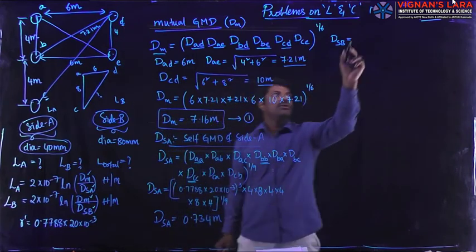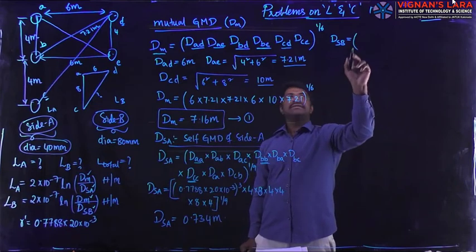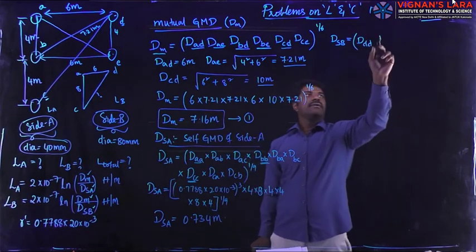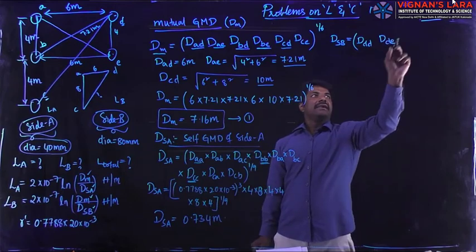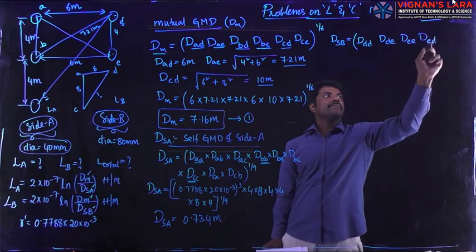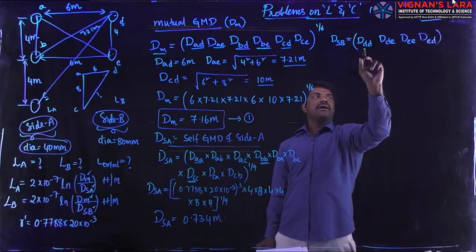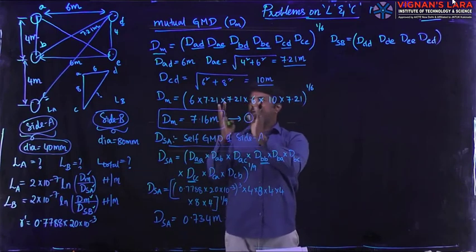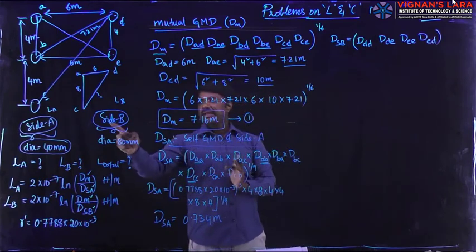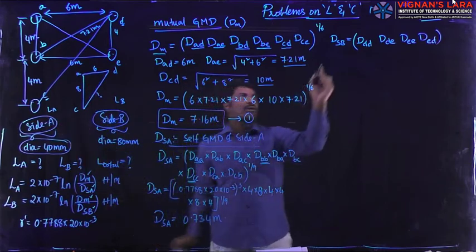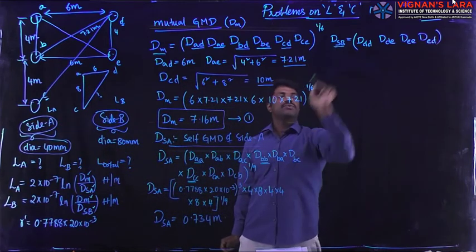What are they now? In the expansion, I will write them as DD, DE, EE, ED. So if you observe clearly, all these distances identified are within the conductors that are available in that side only. That is side B only. We are not going for side A. That is why we will call that self, its own side.